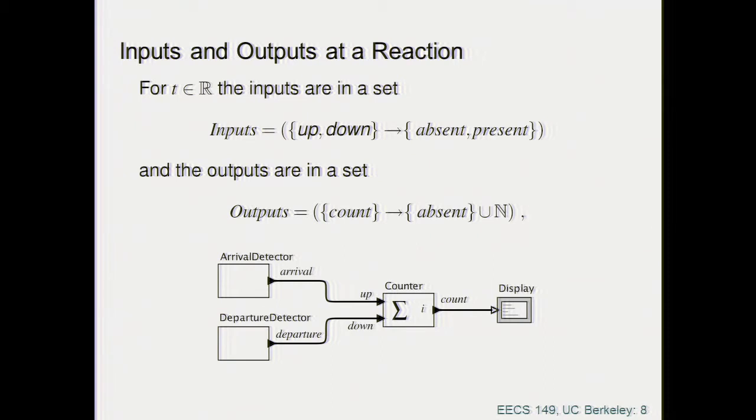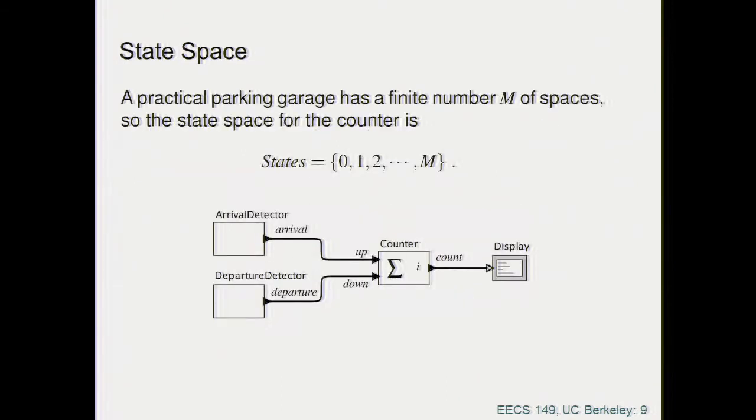In this particular case it is the set of functions up and down into absent, present, and in all the possible combinations that are feasible. And the outputs are also into a set, which is the mapping of the signal, which is count, into absent union natural numbers. So this is what we already said, but this is specified separately.